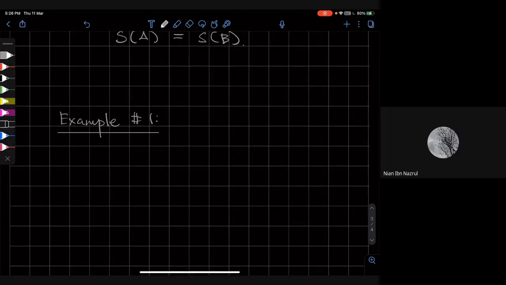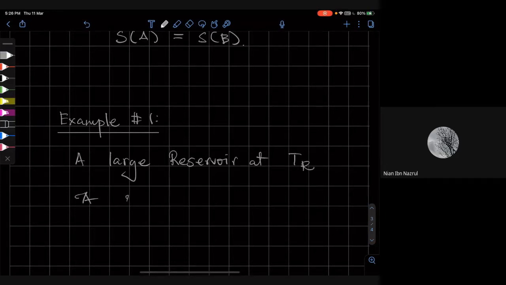Suppose we have 2 reservoirs. So we have, say, or well, 2 systems. One of them is a large reservoir. So I have a large reservoir at some temperature Tr, and a small system at temperature, say Ts.